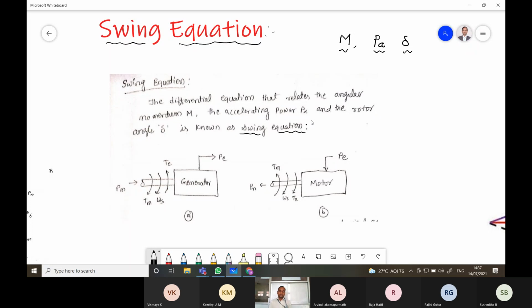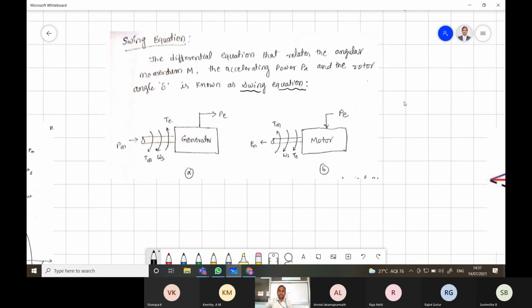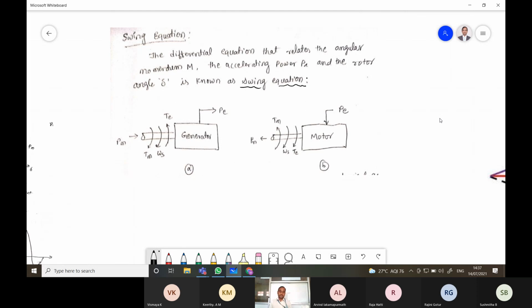Now consider the diagram shown here, with a generator and a motor. In the generator, mechanical power is given as an input to the shaft through some prime mover, maybe an engine or a water turbine.